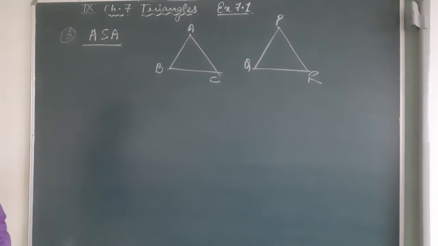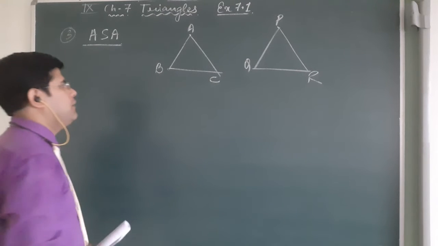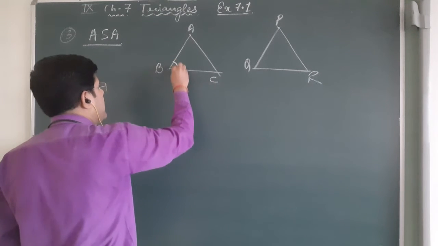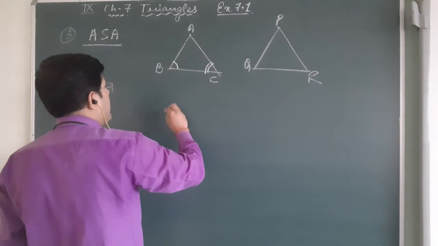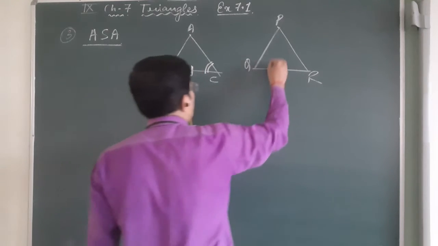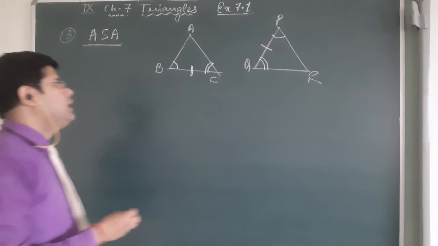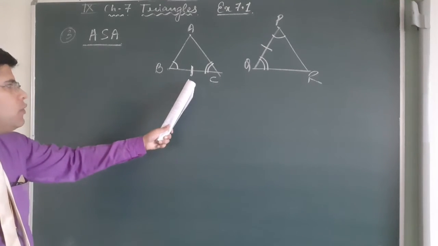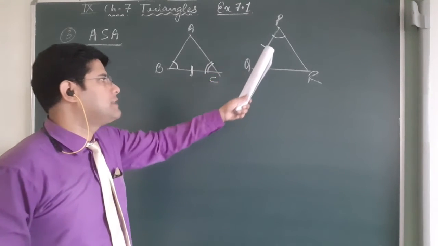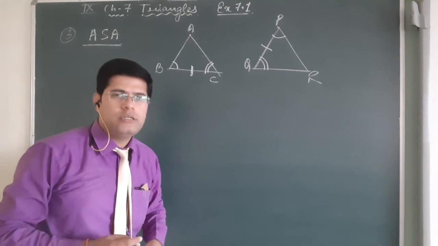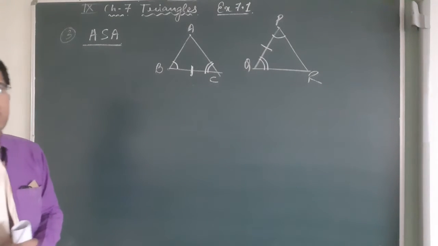If two angles and the included side of a triangle, if we take two angles like B and C, then you have to take BC. Here, if you want to take P and Q, you have to take PQ. If two angles and the included side of a triangle are equal to those of another, then the triangles must be congruent.